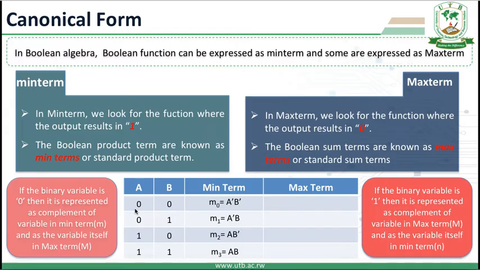In min term, if the variable is 0, we write it as a prime, and if the variable is 1 in the min term, we write it as A or B itself. But in the max term, if the variable is 0, we write the variable itself. But if it is 1, we write the prime, the complement.